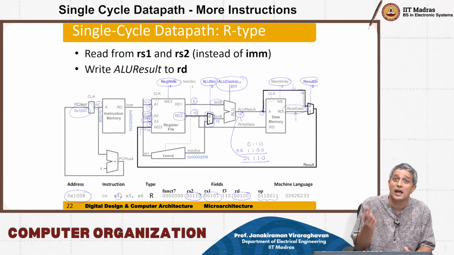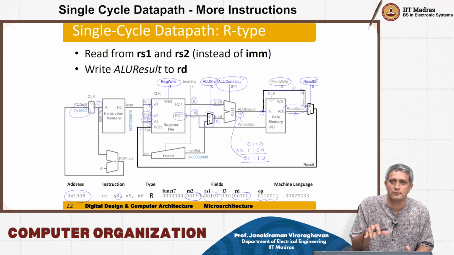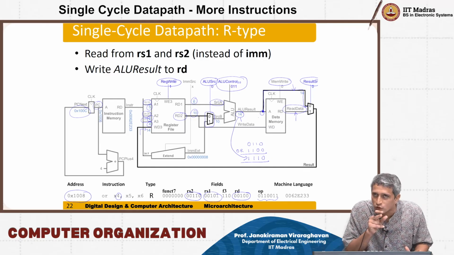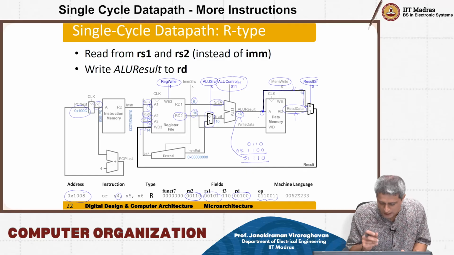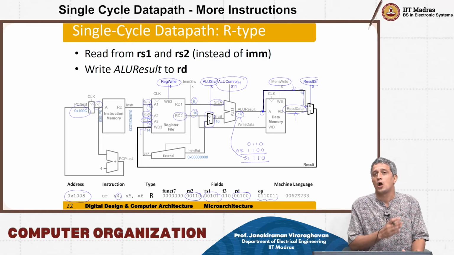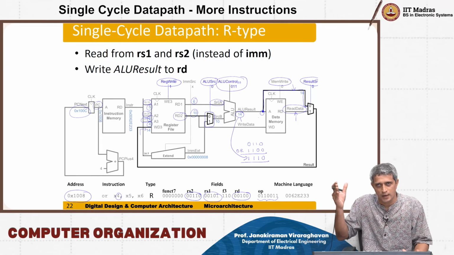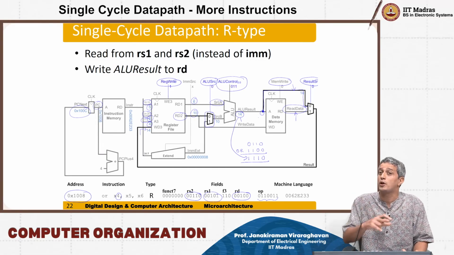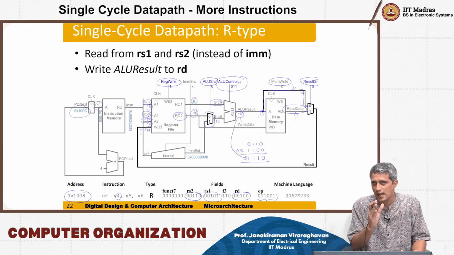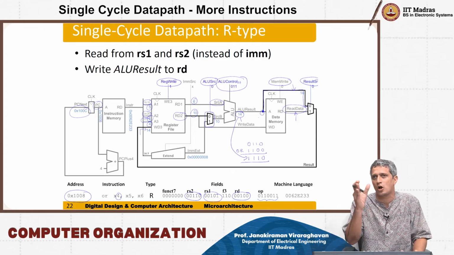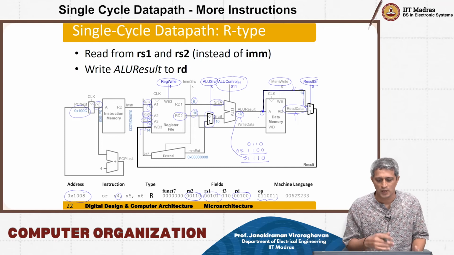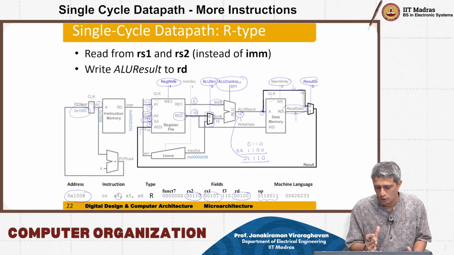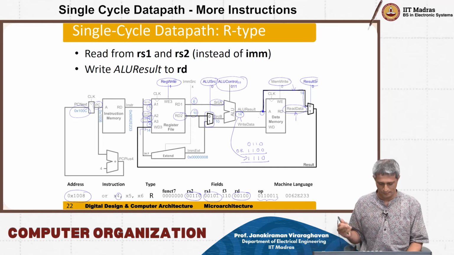Likewise, my reg write has to be 1 because I am writing back to the register here. And effectively, remember the write is sequential and will happen only on the next clock edge, as soon as the clock pulses, the write will actually take place. That is what is going to happen here as well.